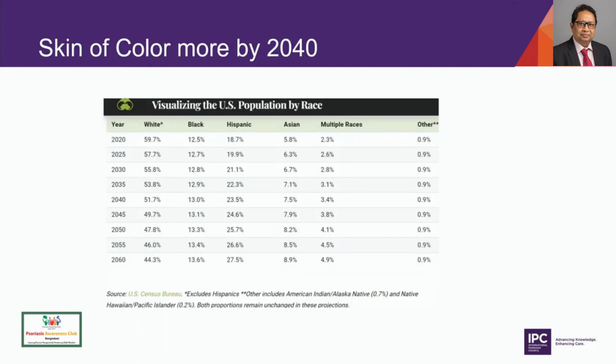A study has already been done, and it is determined that by 2040, the population of skin of color will increase or overpass the white population. So this consequence is getting bigger day by day.